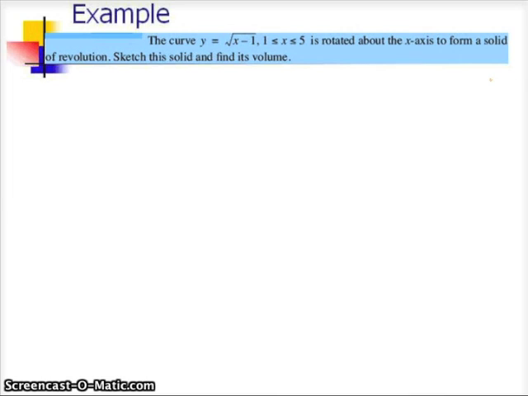Okay, so the curve y equals square root of x minus 1, and we want to find the volume of this between 1 and 5. So first of all, we're just going to sketch this.